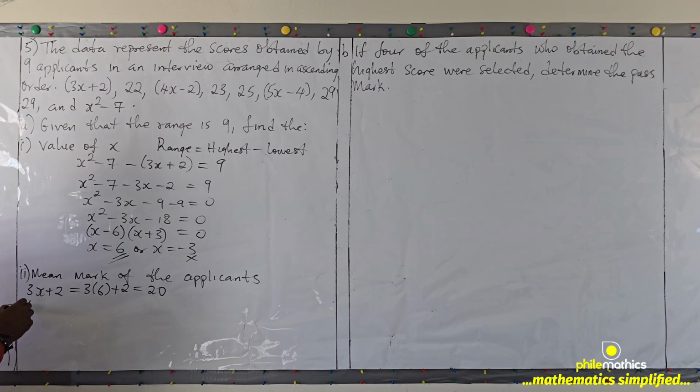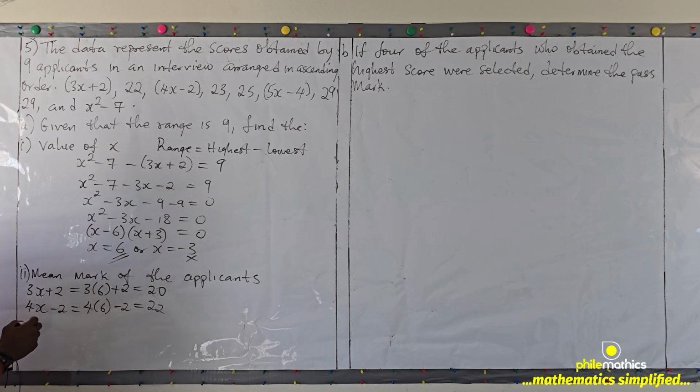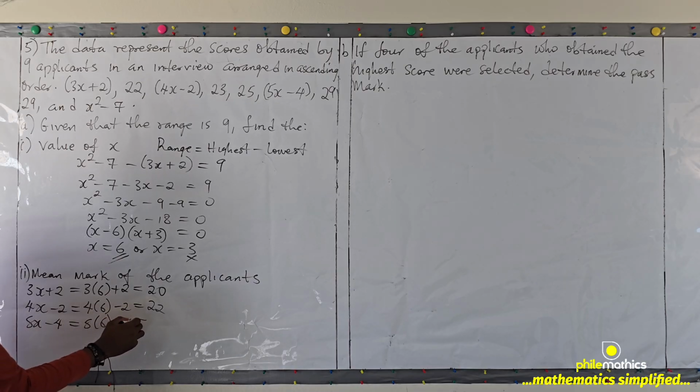For 4x minus 2, this gives us 4 times 6 minus 2. This is 24 minus 2, this is 22. For 5x minus 4, this gives us 5 times 6 minus 4. 5 times 6 is 30 minus 4 is 26.